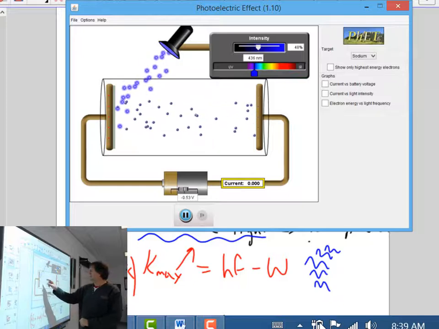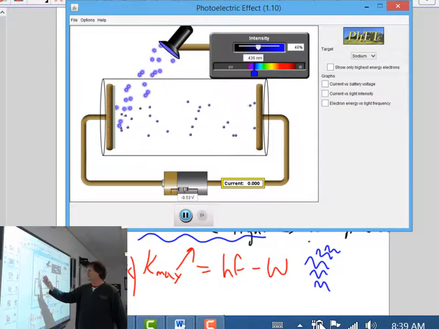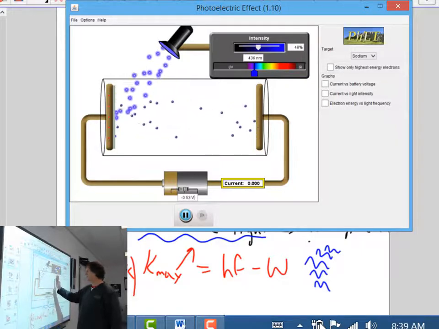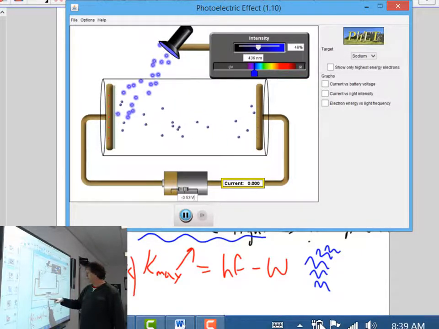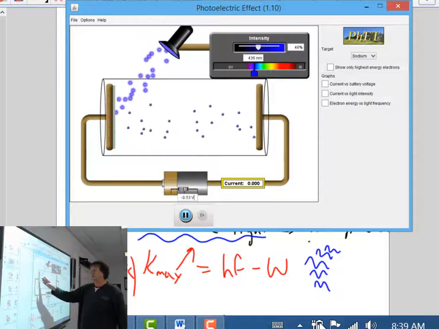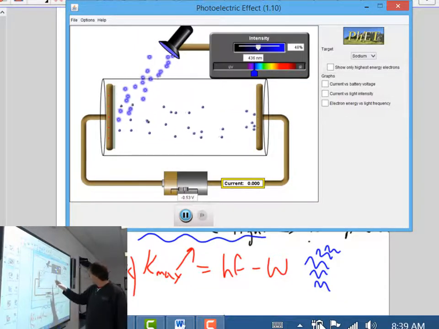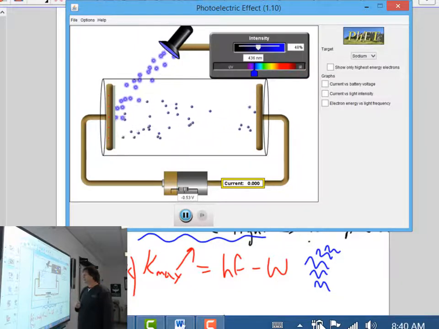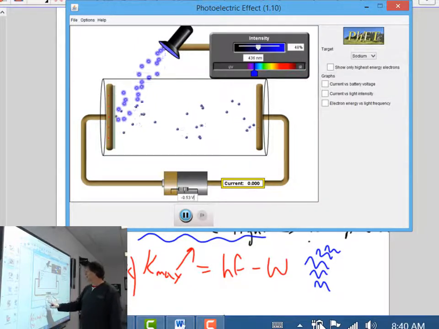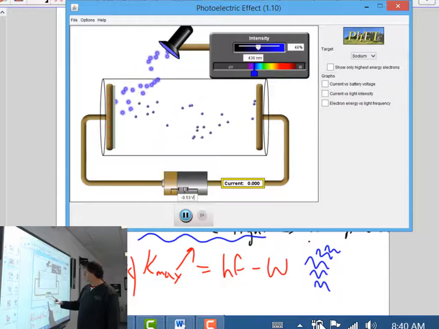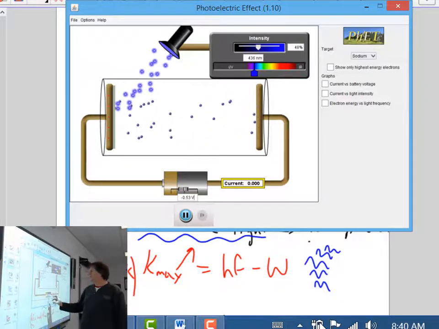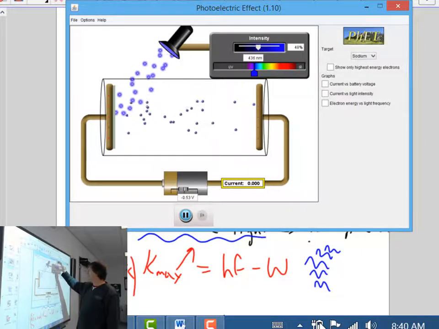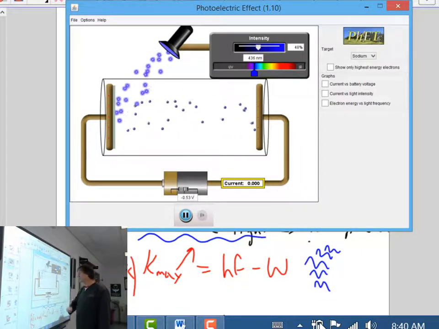So the energy they must have had to start with to overcome this electric field, because their kinetic energy is being turned into electrical potential, delta VQ, they must have had 0.53 electron volts to start with of kinetic energy, and that's about what they've got as potential energy just here, not quite enough to get to that plate. Okay, so we can now get an energy value here based on this stopping voltage of 0.53 electron volts that matches the kinetic energy of the electrons. So we know for this particular frequency of light what the highest kinetic energy electrons were.